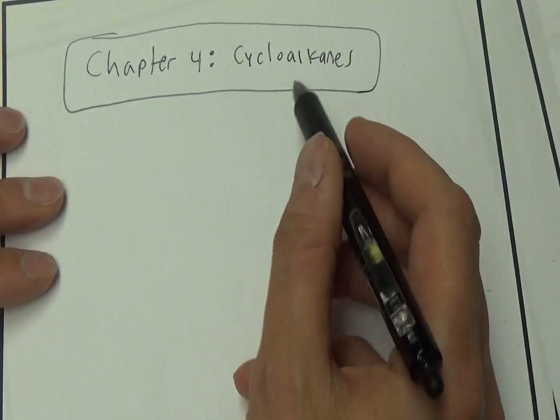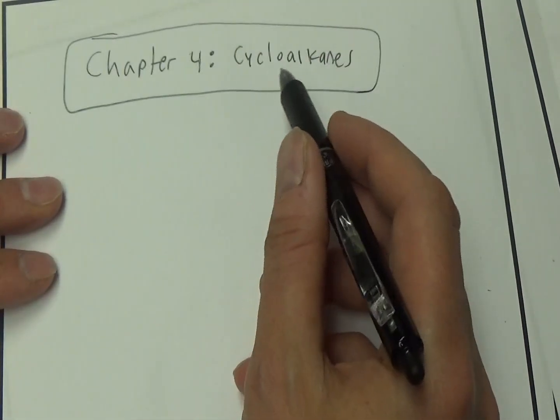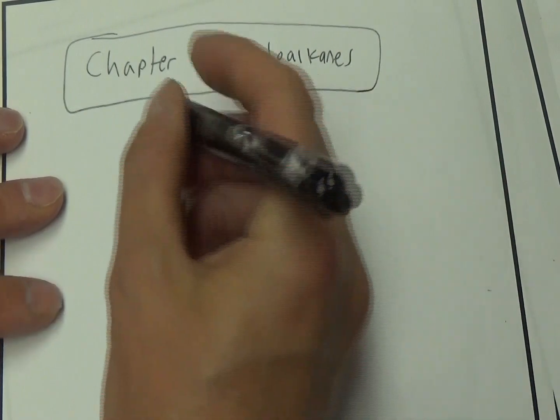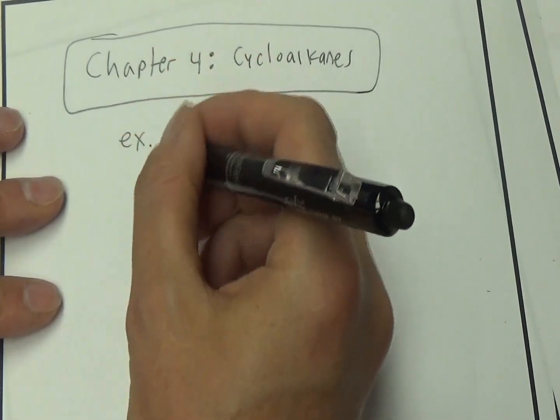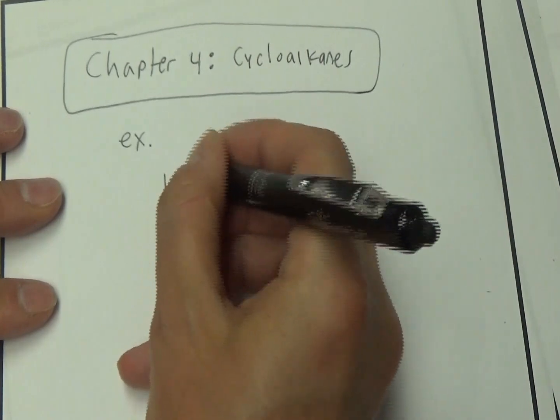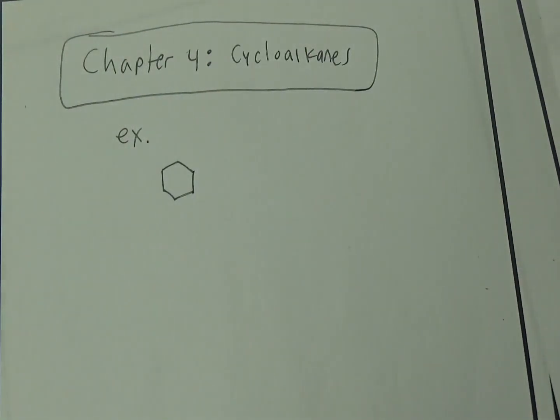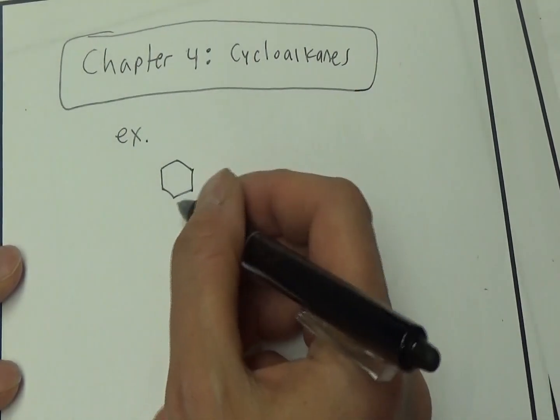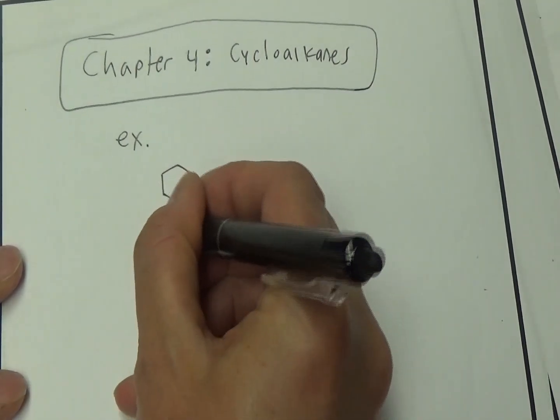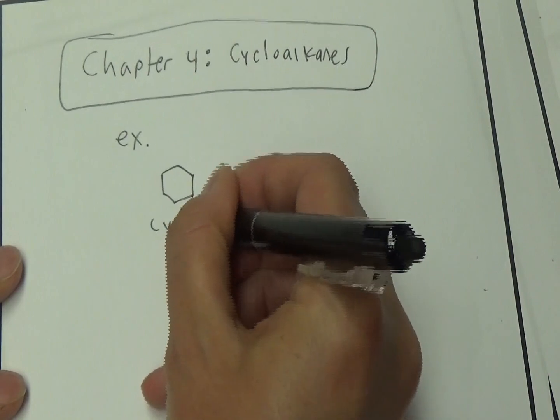So cycloalkanes, as you probably can guess, are alkanes that are cyclic. So let's show a couple examples. In terms of simple naming, what do you think that might be called? It's 6 carbons, it's cyclic. It's not hexane, it's cyclohexane.